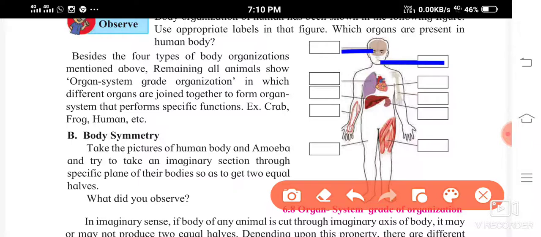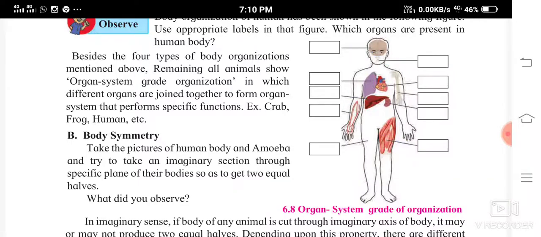Then you can see the liver, hands are there. Then you can see the muscles over here. So legs are shown, hands are shown, right?